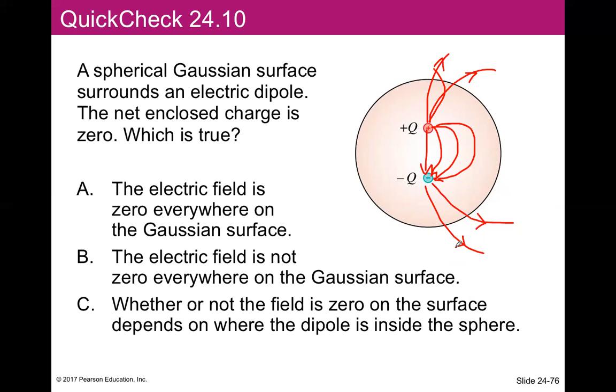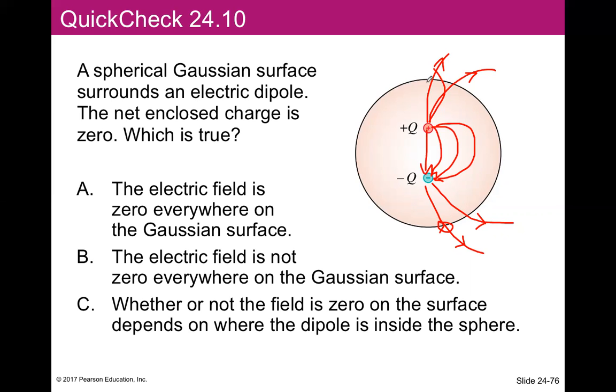So is the electric field zero at the surface here? It's not zero, it's going in this direction, and they're not zero. So what is zero in this case? Flux.